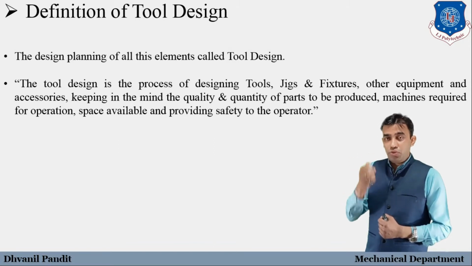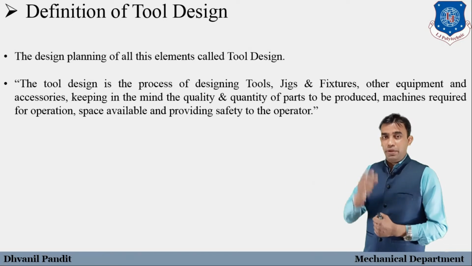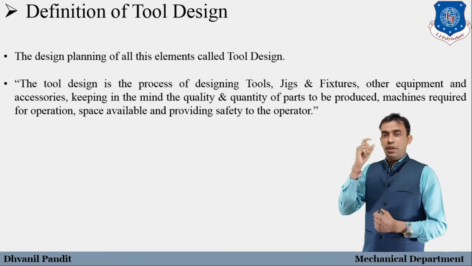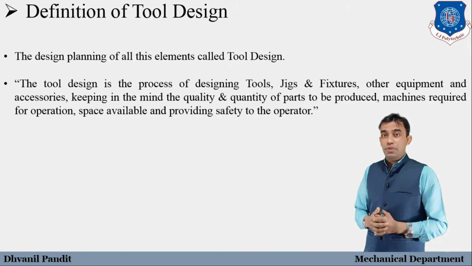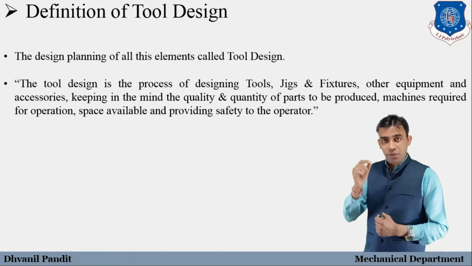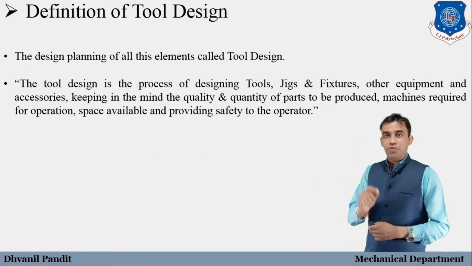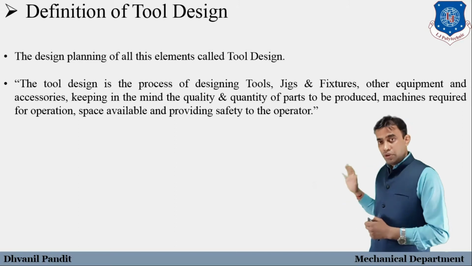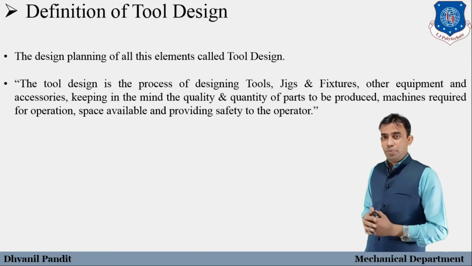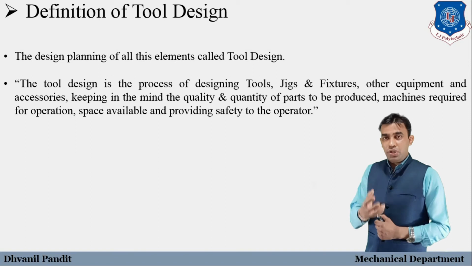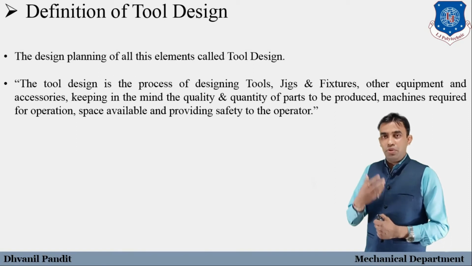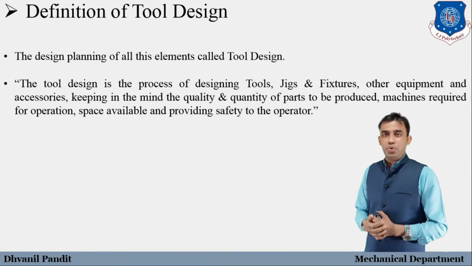We have to keep certain aspects in mind. The quality and the quantity of parts. We have to focus on quality as well as quantity of the product. Then the machines which we will use to produce the product.